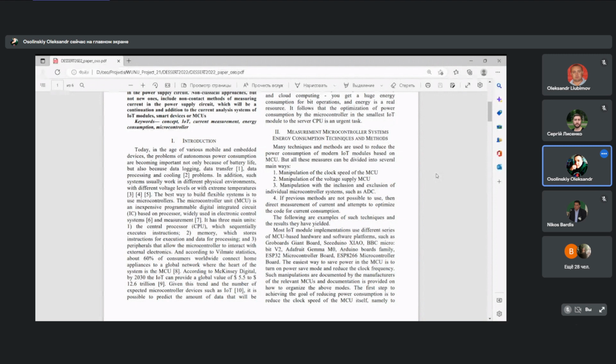More correctly, we talk about energy consumption of all embedded devices, not only IoT.